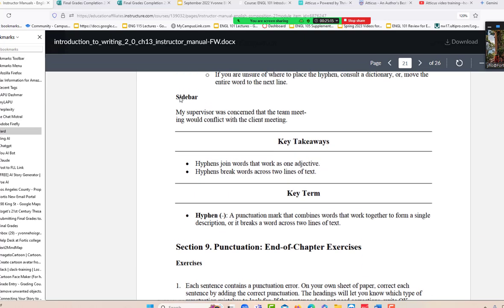My supervisor was concerned that the team meet-ing would conflict with the client meeting. Hyphens join words that work as one adjective. Hyphens break words across two lines of text.